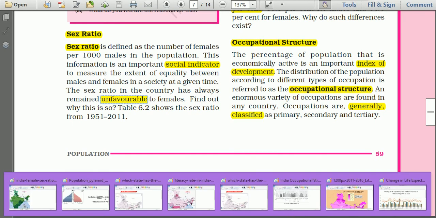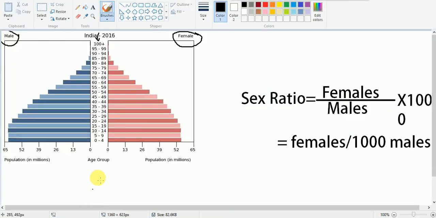When you see this population pyramid, this side shows females and this side shows males, and you will see that the number of females in all age groups is less than the males. Just see the length of the bars.